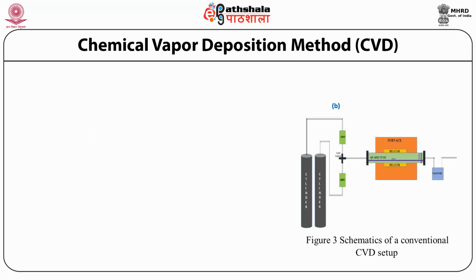We will now study the chemical vapor deposition method, which is also abbreviated as CVD. CVD is the most extensively utilized technique to prepare good quality, extraordinary performance solid materials.